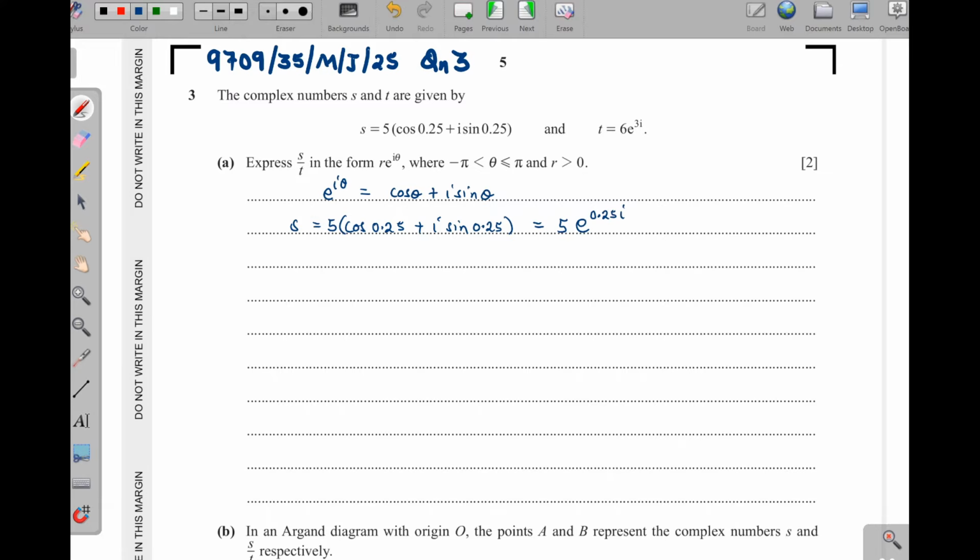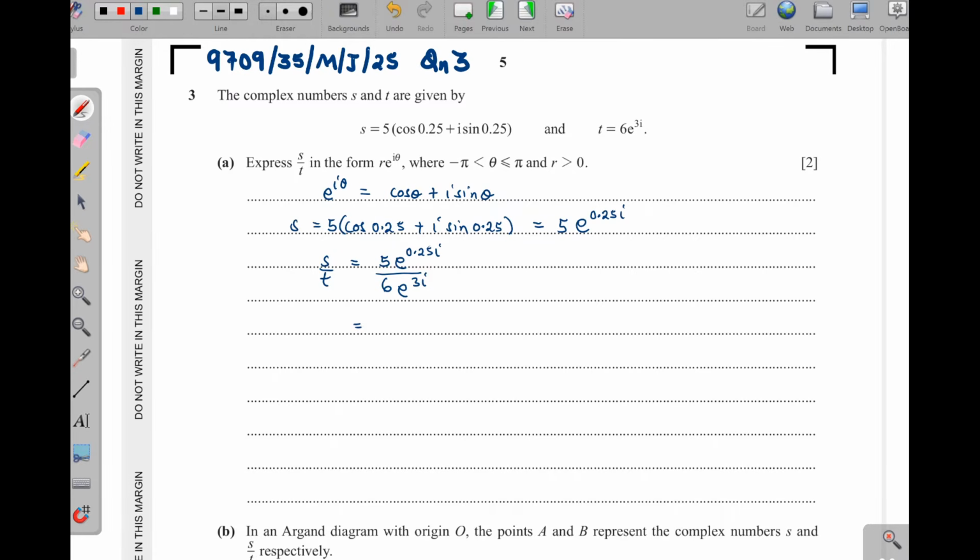Now s over t will therefore be equal to 5 e to the power of 0.25 i, divided by 6 e to the power of 3i.